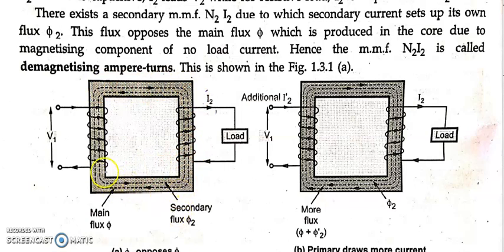Due to flux phi 2, your main flux phi is getting reduced, and the magnetizing ampere turns will also get reduced. N1 into I1 will also reduce if flux phi reduces. True, yes or no? Because flux is proportional to your N1 into I1. So if N1 into I1 gets reduced, then what happens? What is there here? Tell me.